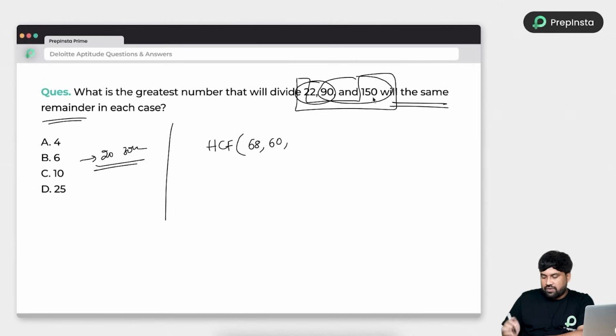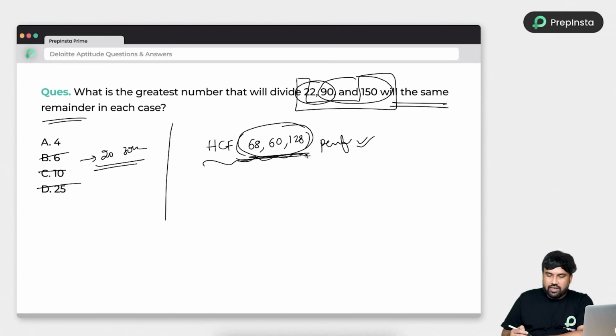So all three numbers' differences we are taking. Which number can divide all these numbers perfectly is your answer. See, 25 cannot divide perfectly, 10 cannot divide perfectly, 6 cannot divide perfectly. So your answer is obviously 4.